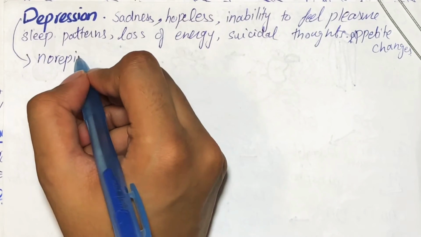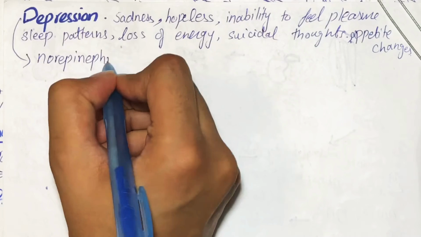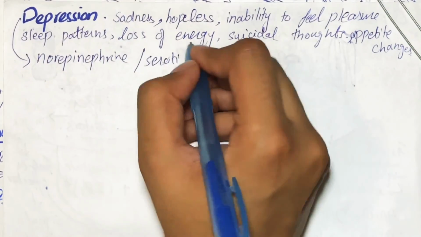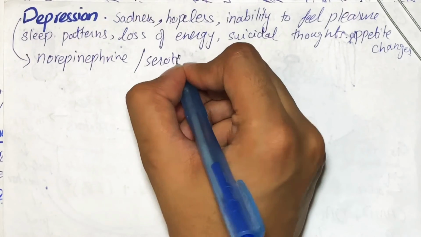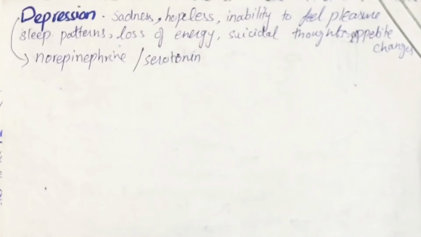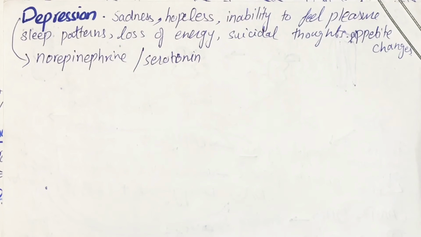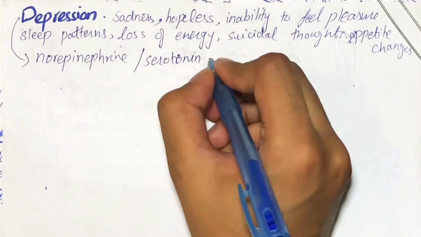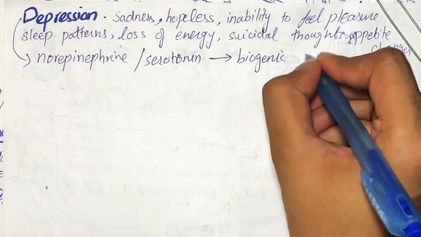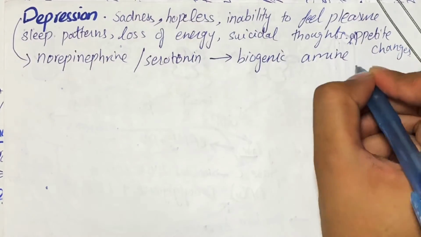So there is a decrease in the concentration of norepinephrine or serotonin in the brain, which actually results in depression. So this thing actually led to a theory which is called the biogenic amine theory.